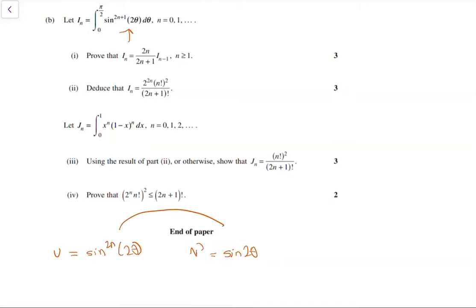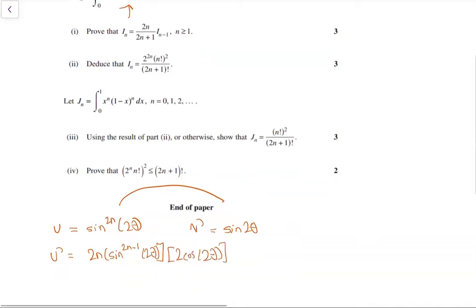Now if I find u dash, we have power rule and chain rule. So 2n sine 2n minus 1 of 2 theta, and then using chain rule we have 2 cos of 2 theta. And the antiderivative of v dash will be the negative half of cosine 2 theta.